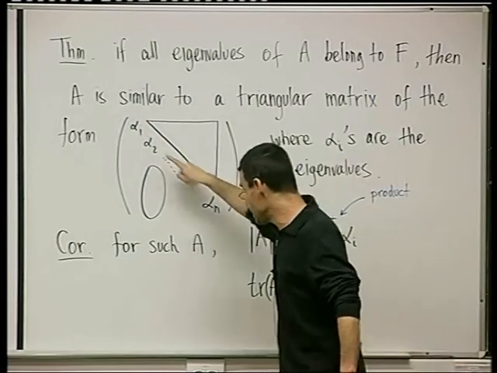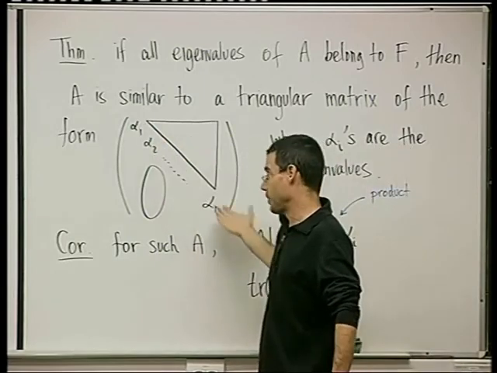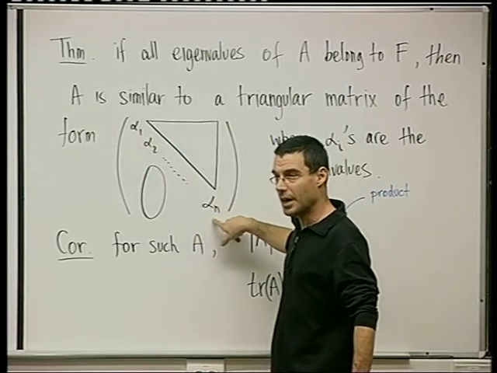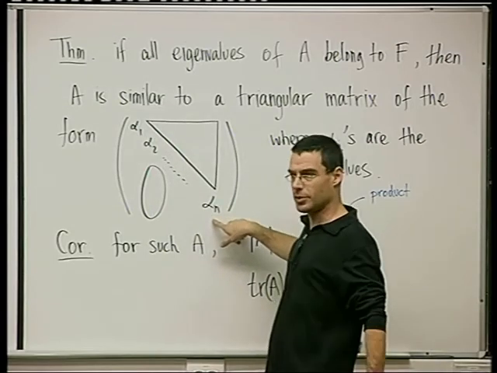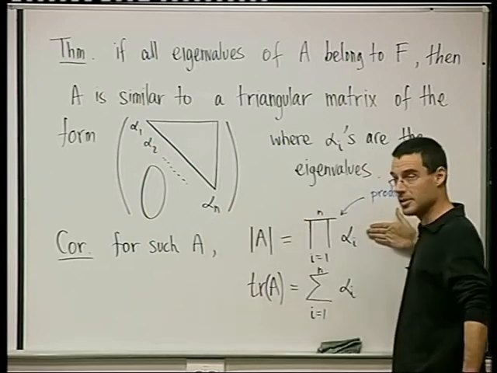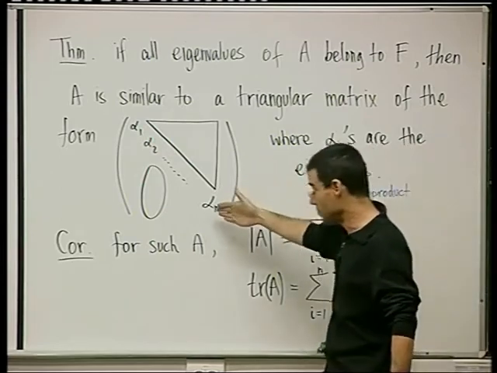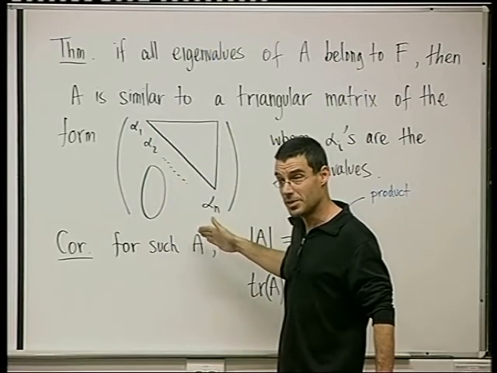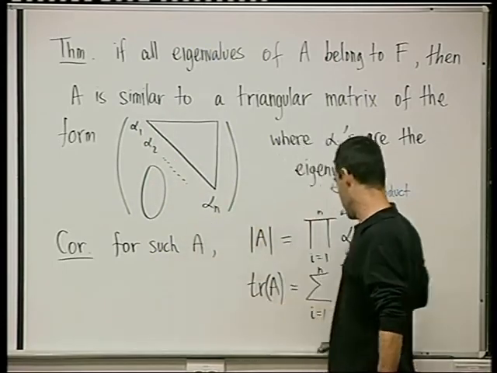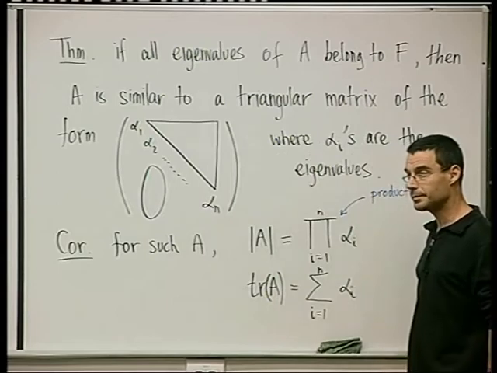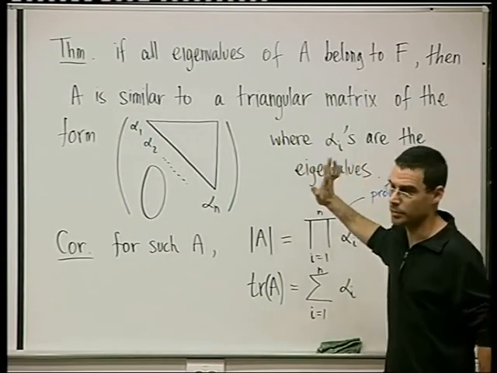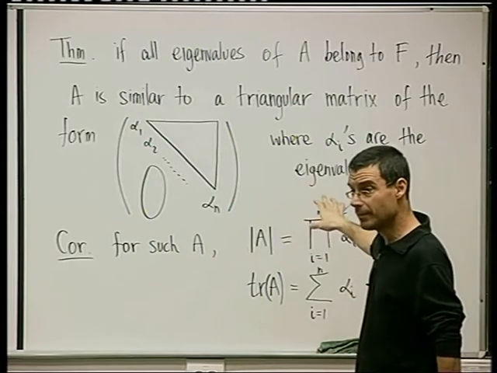The determinant of this triangular matrix is just the product of the alphas, which is the same as the determinant of the original A. That's this statement. The trace of this, the sum of all the alphas, the diagonal elements, is the same as the trace of the original A, and therefore it's this. So it's a direct corollary of this theorem, which we didn't prove. Everybody with me?